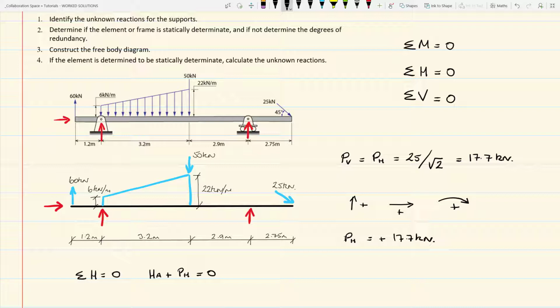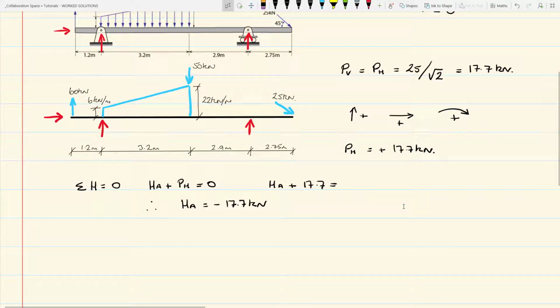This implies that HA plus 17.7 equals 0. Therefore, HA has to be minus 17.7 kilonewtons. That is, it acts in an opposite direction to the horizontal action associated with the point load.